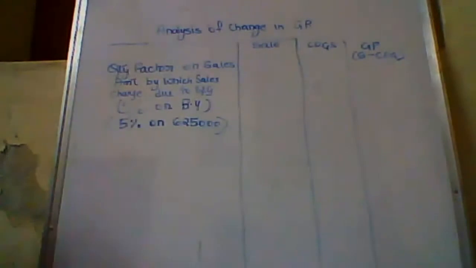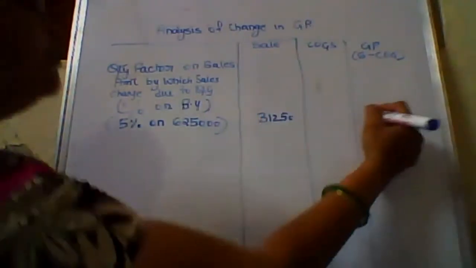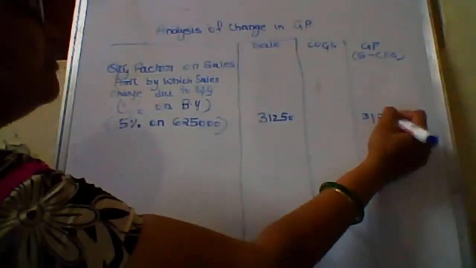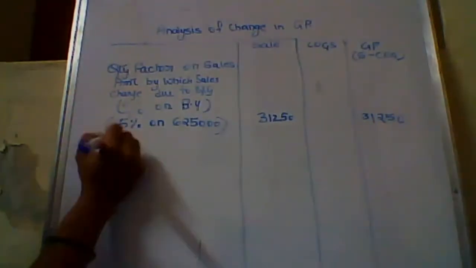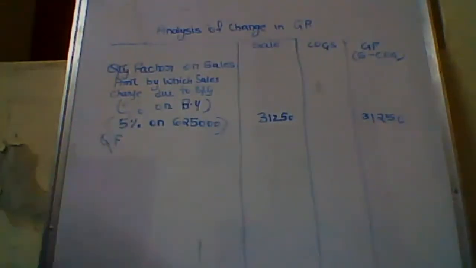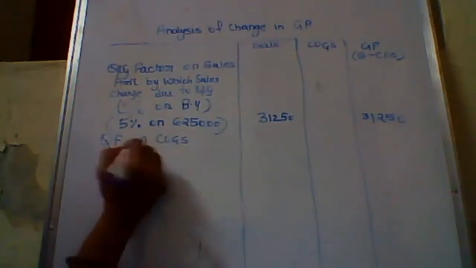So how much are we getting? 5% on 6,25,000 is 31,250.